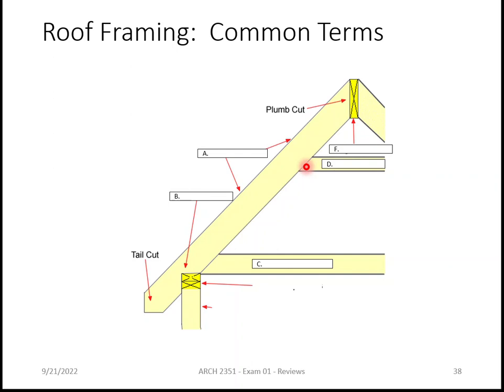And then what's E or F pointing to? Yeah, the ridge board. See, y'all are going to do well on this test. What is this right here, where two pitched roofs come together? What's that called? The valley. And there's kind of two framing components to that.